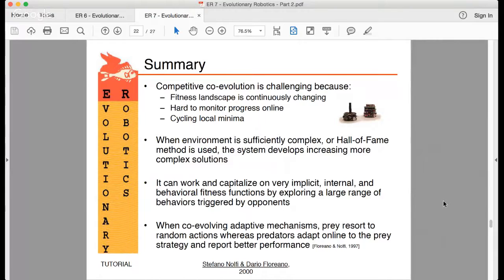So when environment is sufficiently complex, or Hall of Fame method is used, the system develops increasingly more complex solutions. It can work and capitalize on very implicit internal and behavioral fitness functions by exploring a large range of behaviors triggered by opponents. When co-evolving adaptive mechanisms, prey resort to random actions, whereas predators adapt online to the prey strategy and report better performance.